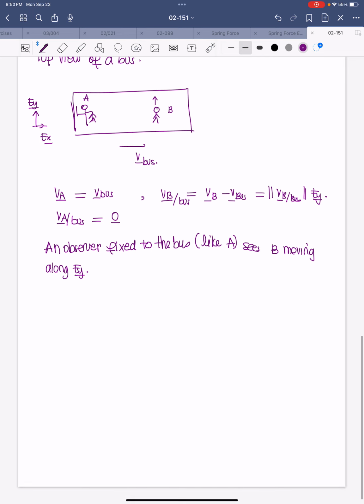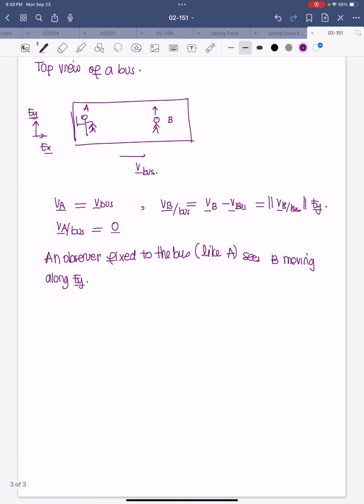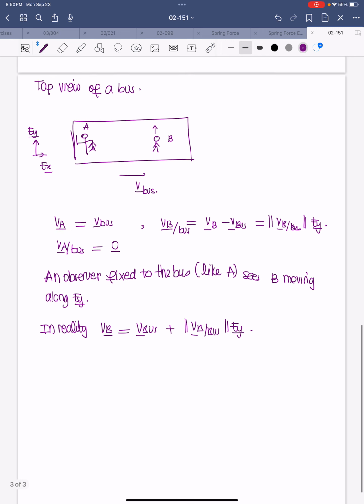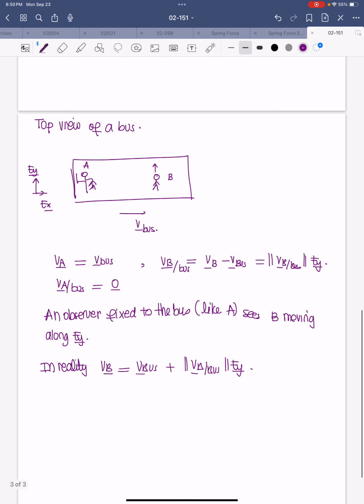But in reality, B is not moving along EY. B is moving along V bus plus whatever speed along EY it's going in. VB is V bus plus the velocity of B with respect to bus along EY. So hopefully this clarifies what's happening, that the same here as the observer A seeing B moving to the front, B is not actually moving to the front along EY.